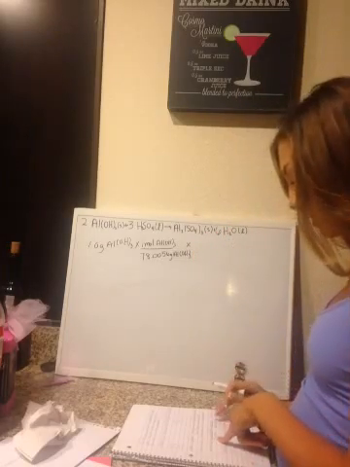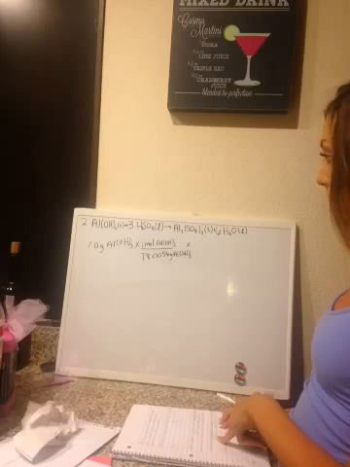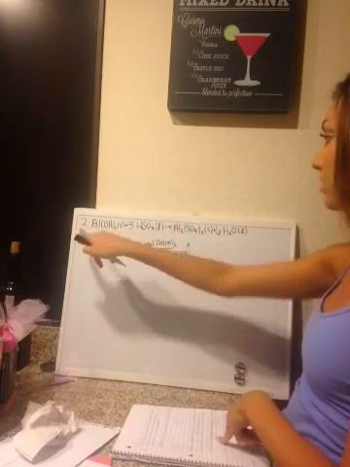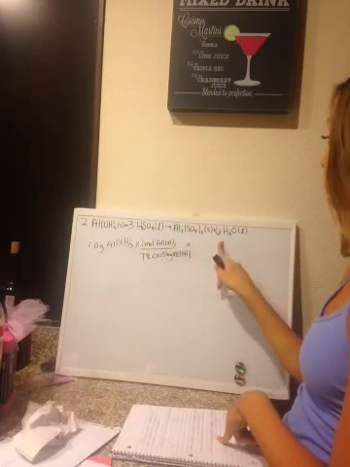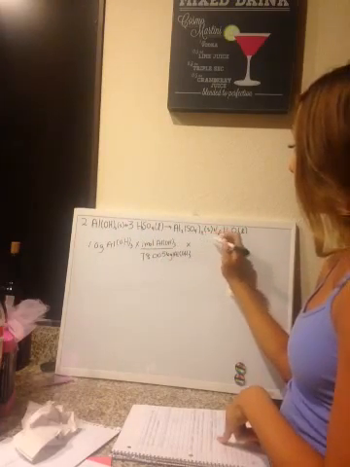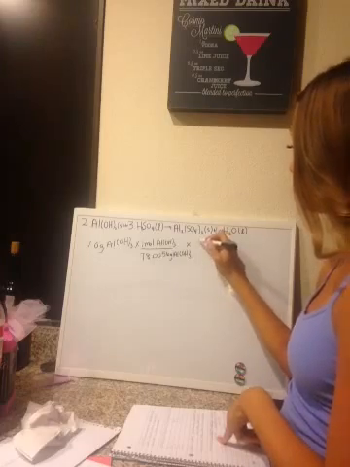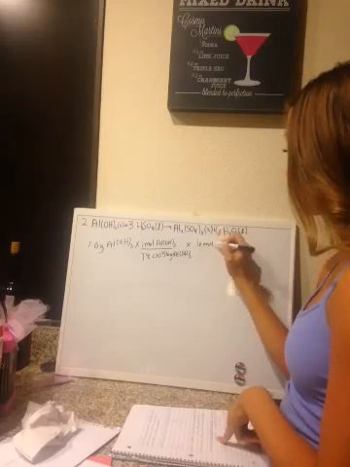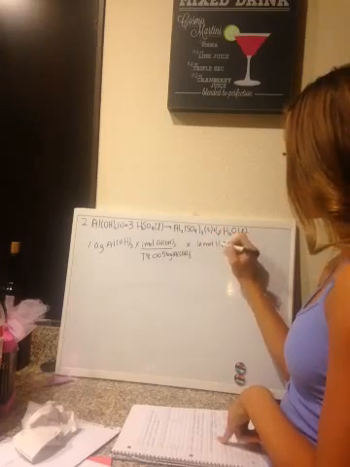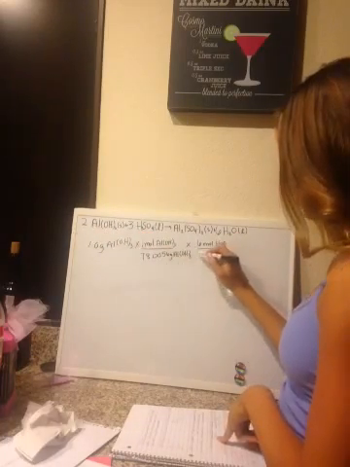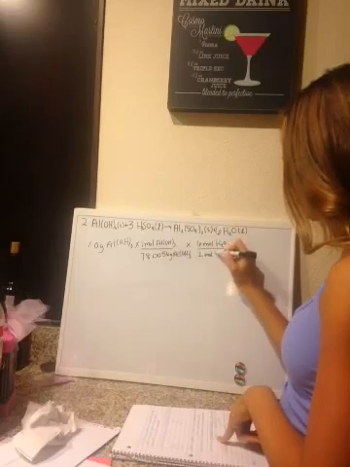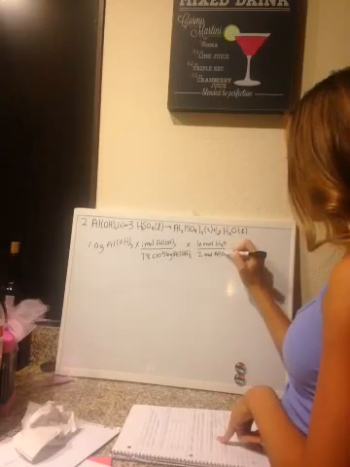Then we multiply this by, since these are not ones in front of the molecules, we have to multiply it by, so these are 6 moles of H2O over 2 moles of aluminum hydroxide.